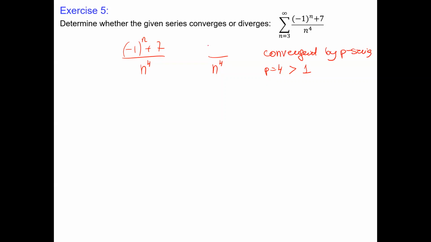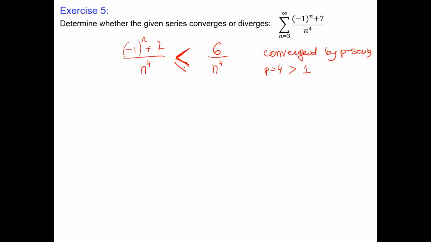But what I can put here to make this inequality smaller. We may find out what is the lowest value. -1 to the n sometimes is +1, sometimes is -1. That means -1 is the smallest value. -1 plus 7 will give us 6. That means this will be less than or equal to 6. But the other value is 8, because if the -1 to the n is +1, 1 plus 7 is 8.